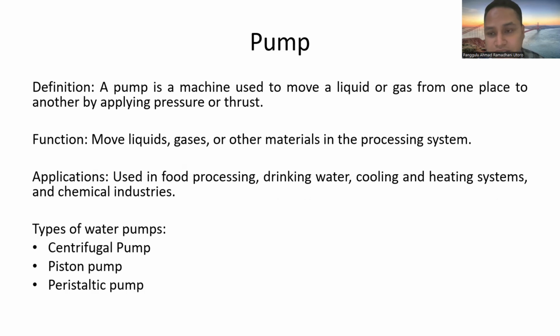The application is used in food processing, drinking water, cooling and heating systems, and chemical industries. We have three types of water pump, consisting of centrifugal pump, piston pump, and peristaltic pump.